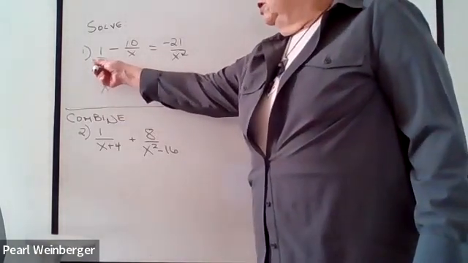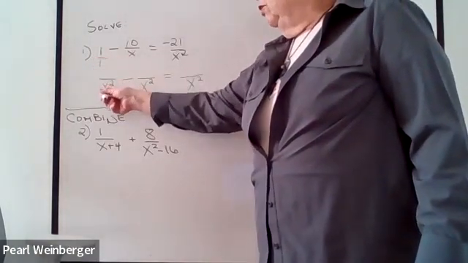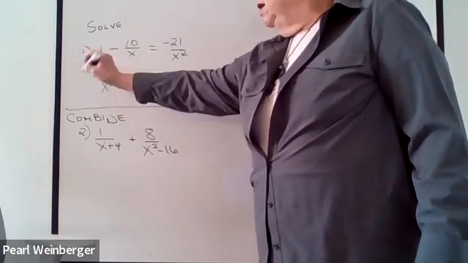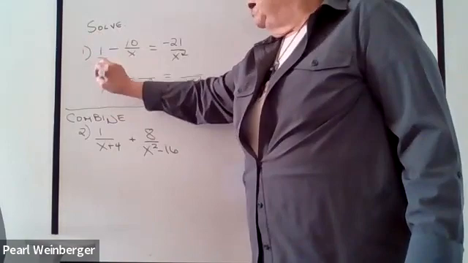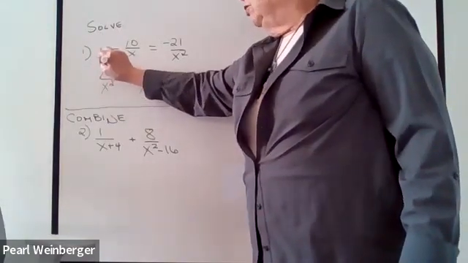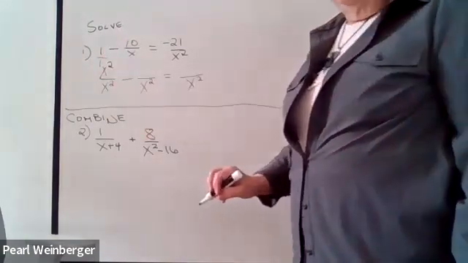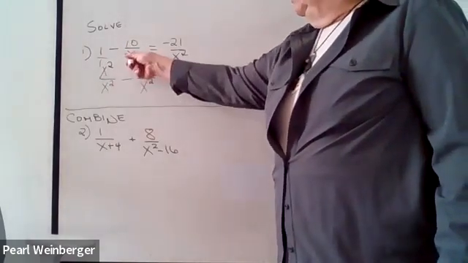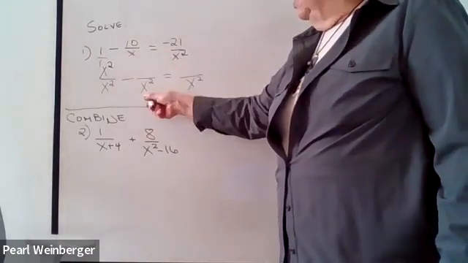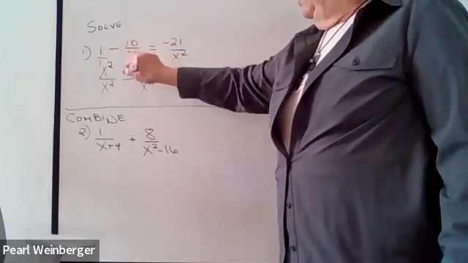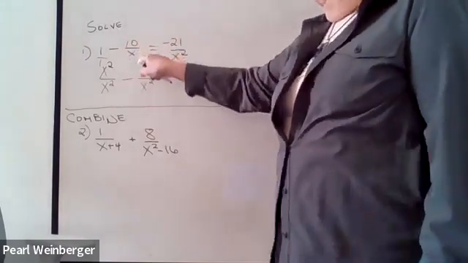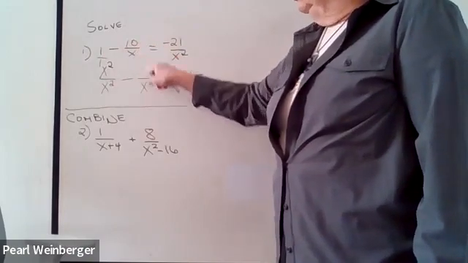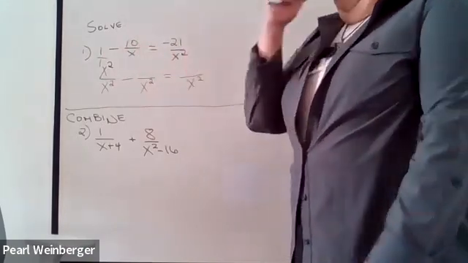I look at each denominator. This is 1. I divide the 1 into the x squared, and it gives me x squared. That means I have to multiply the top by x squared, and I get x squared as my first numerator. Then I divide the second fraction's x into the x squared. That gives me x, because when you're dividing, you're subtracting exponents, and this exponent is 2, this exponent is 1.